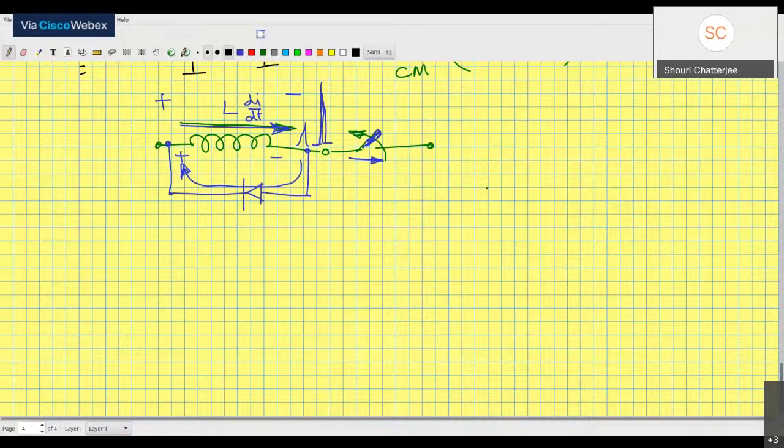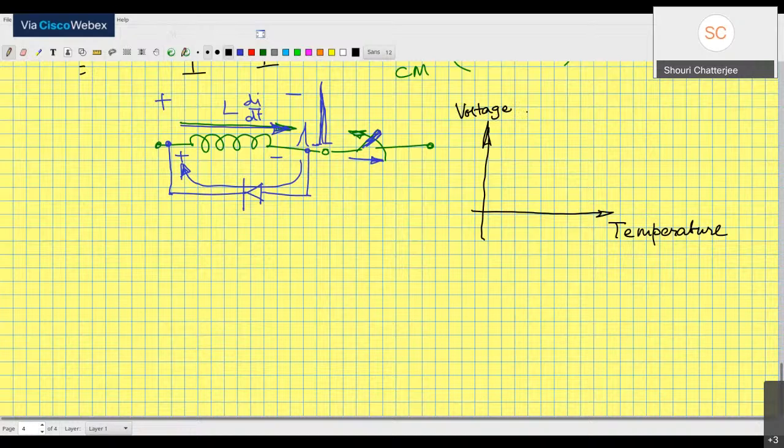I don't want to get into too many of the details of the band gap reference, but the idea is as follows. You will typically have two different circuits or two different paths in one circuit.